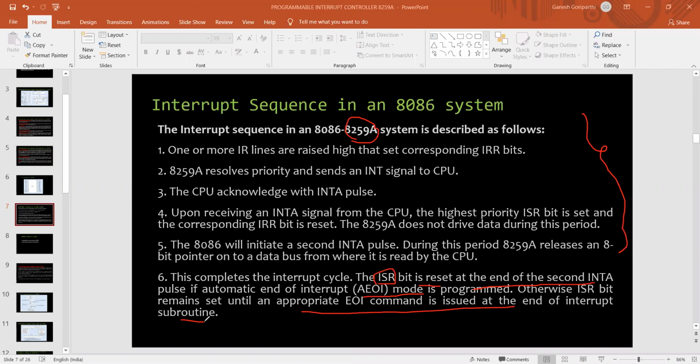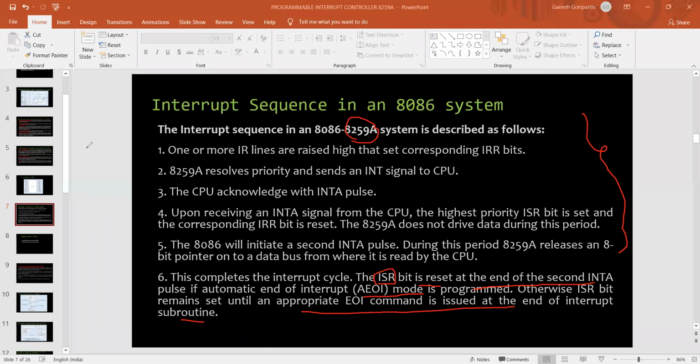If it is not operating in automatic end of interrupt mode, we have to give the end of interrupt command manually. That means we have to end that particular interrupt manually. Until and unless we generate that end of interrupt command, that particular bit will remain in the set condition.